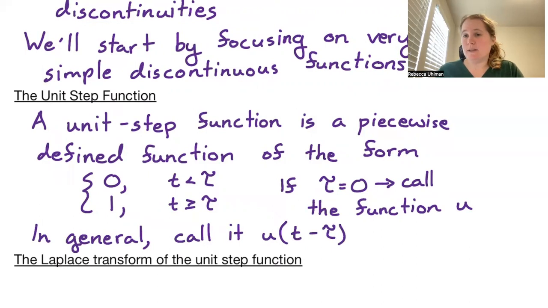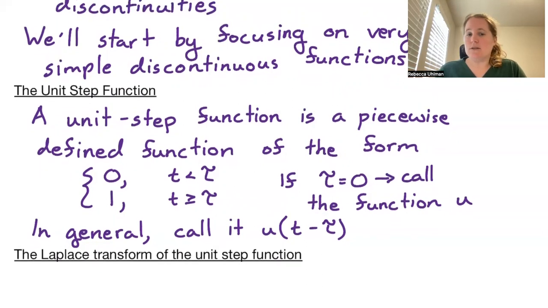So u of t minus tau essentially shifts our function to the right by tau. So instead of being 0 to the left of 0 and 1 after, this will be 0 to the left of tau and 1 after.